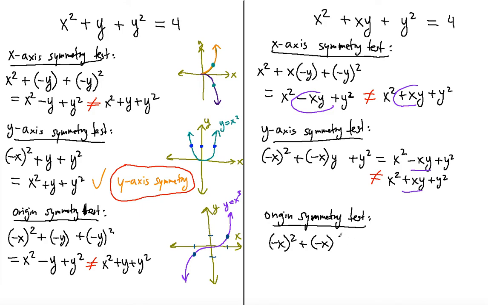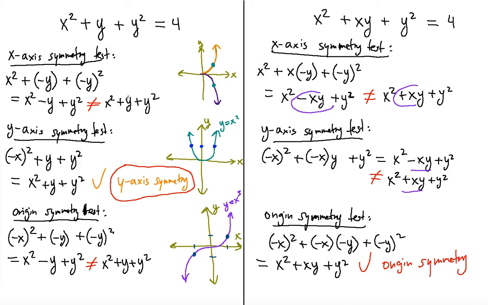I'm sorry, we have to negate the y's also, right? We're negating both. Plus negative y squared. So that gives us x squared plus xy this time, because both the x and the y have negative coefficients, plus y squared. Notice that this matches the original left side. Bingo, right? So there is origin symmetry.